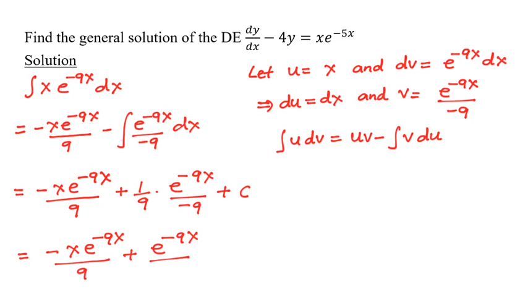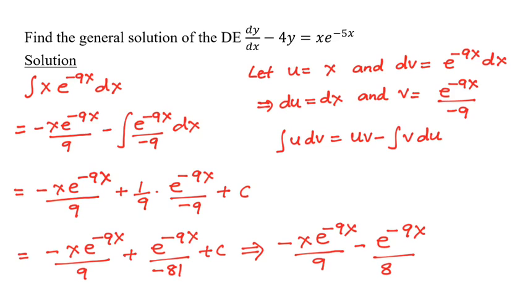So this is negative 81 in the denominator plus c, which is the same as, we can write this as negative x e to the negative 9x over 9, then minus e to the negative 9x over 81 plus c.